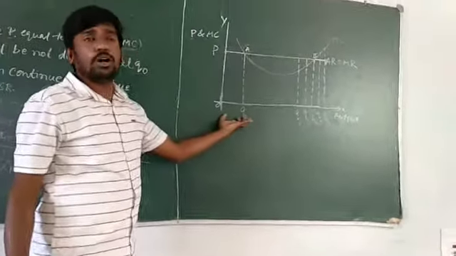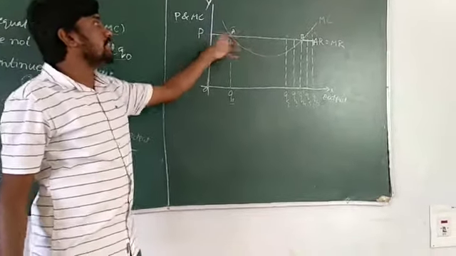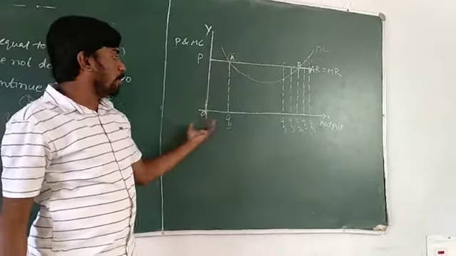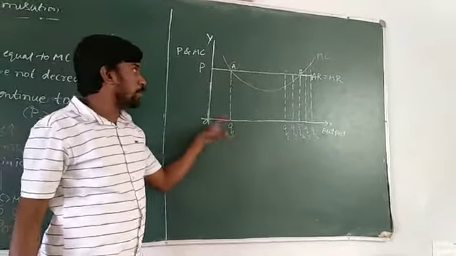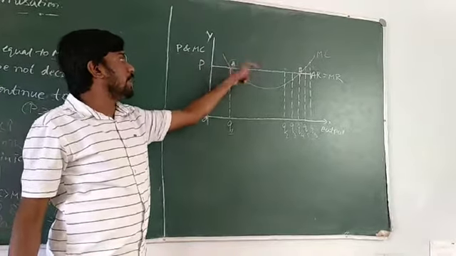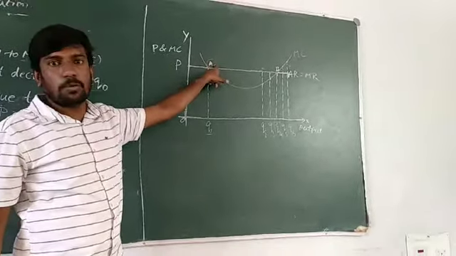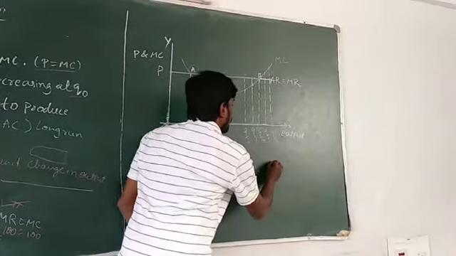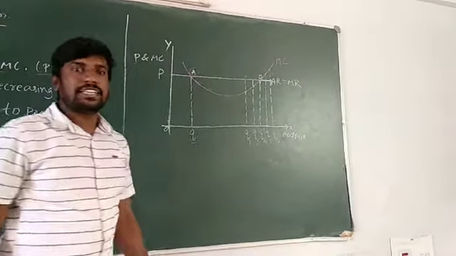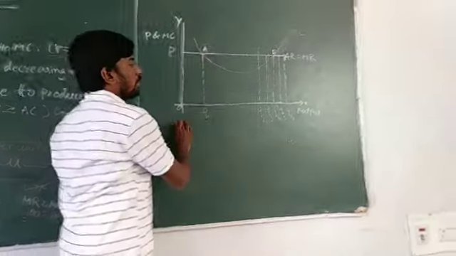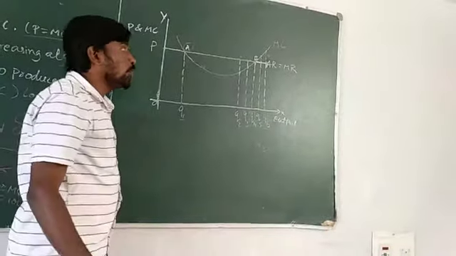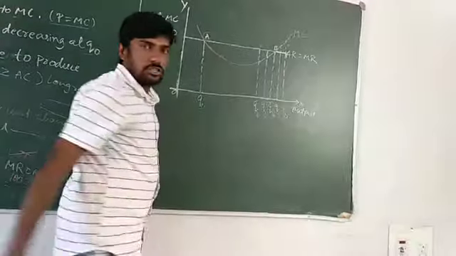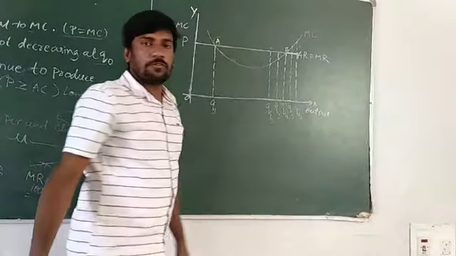So when the firm produces the OQ1 level of output, the price and marginal cost will intersect at the point A. Understand? When the firm produces the OQ1 level of output at OP price, the firm's MC and price curve intersect at the point A. So OQ1 level output can be the maximum profit level. Next, if the firm produces the OQ2 level of output, then the price is more than the marginal cost, which means it does not satisfy our first condition.